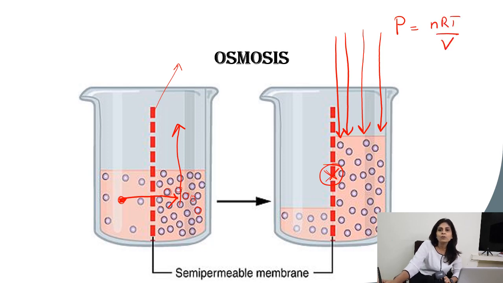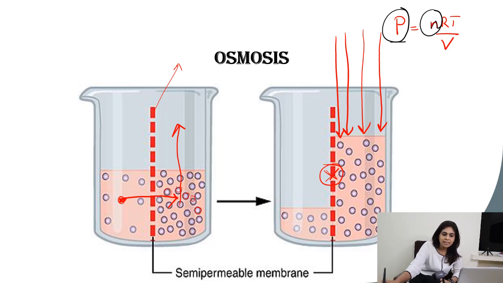I hope you all know the universal gas equation, right? The universal gas equation is PV is equal to nRT. So P is equal to nRT by V. And here I want you to observe that osmotic pressure P is directly proportional to n, the number of osmotically active solutes present in a solution. Do you understand this?